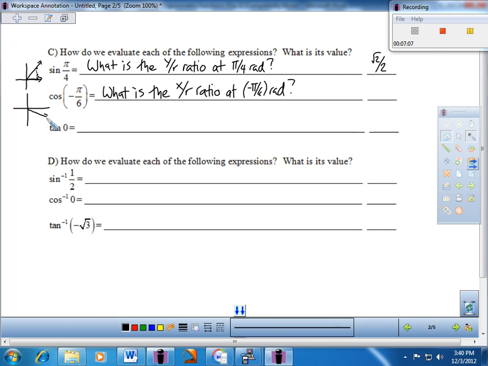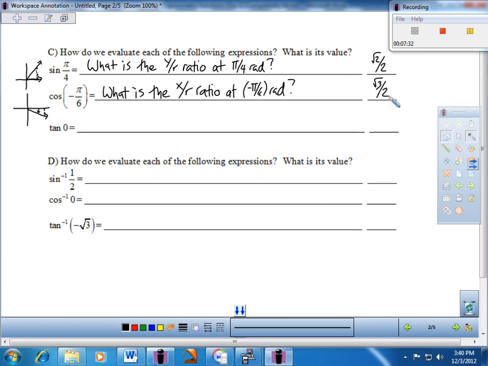Negative pi over 6 would probably look something like this, give or take. And so remember, this angle, of course, has an x, it has a y, and it has the r. Just trying to formulate that on your paper for you. And then in this particular case, I would be looking for the x over r ratio for any point on the terminal side of that angle. And the x to r ratio would be exactly square root of 3 divided by 2. And so the cosine of negative pi over 6 is root 3 over 2.